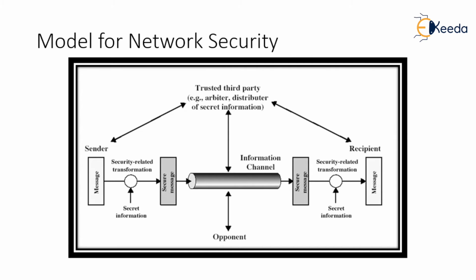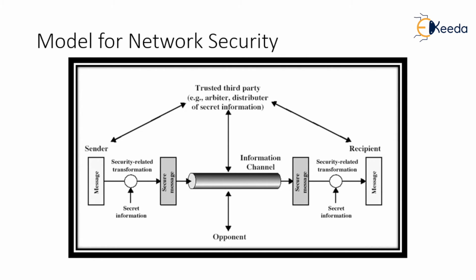Security aspects come into play when it is necessary or desirable to protect the information transmission from an opponent who may present a threat to confidentiality, authenticity, and so on. All the techniques for providing security have two components.